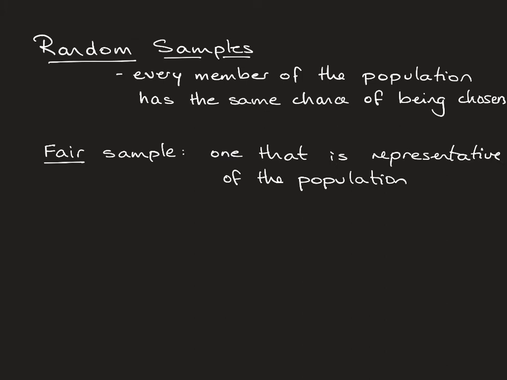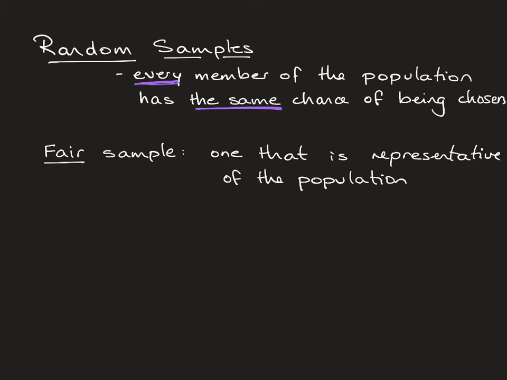When we're taking a sample from a population, we need to make sure that if we're after a random sample, and a random sample is one where every member of the population has the same chance of being selected, then the processes that we're using are giving us random samples where everybody has the same chance.